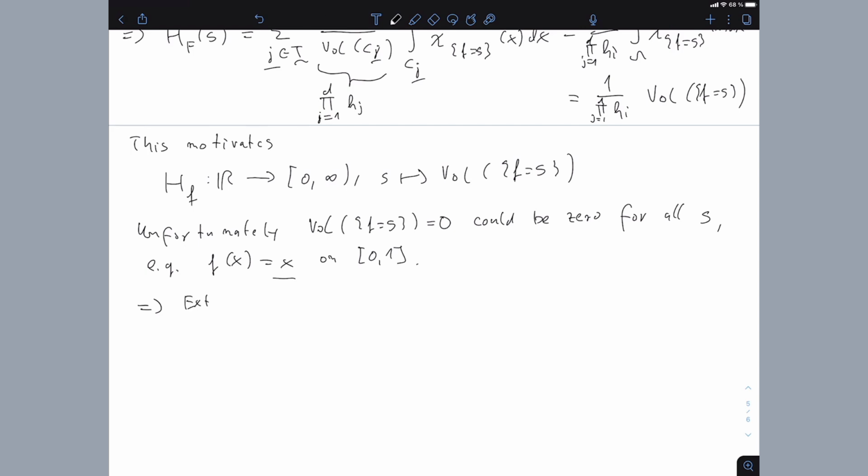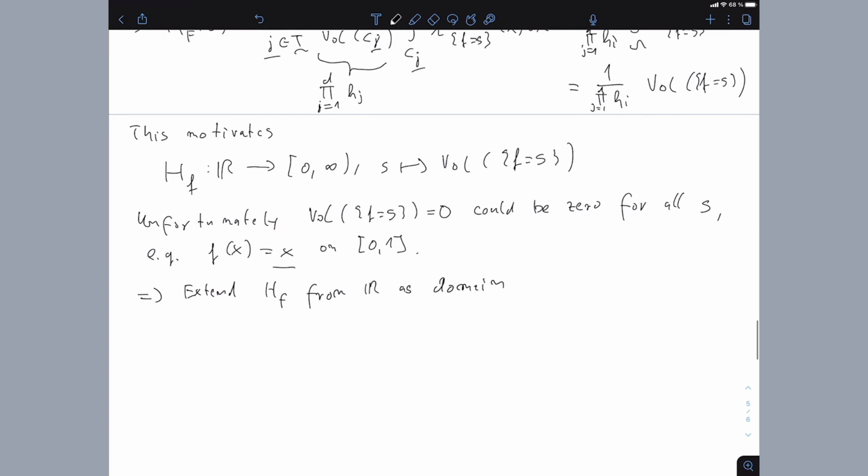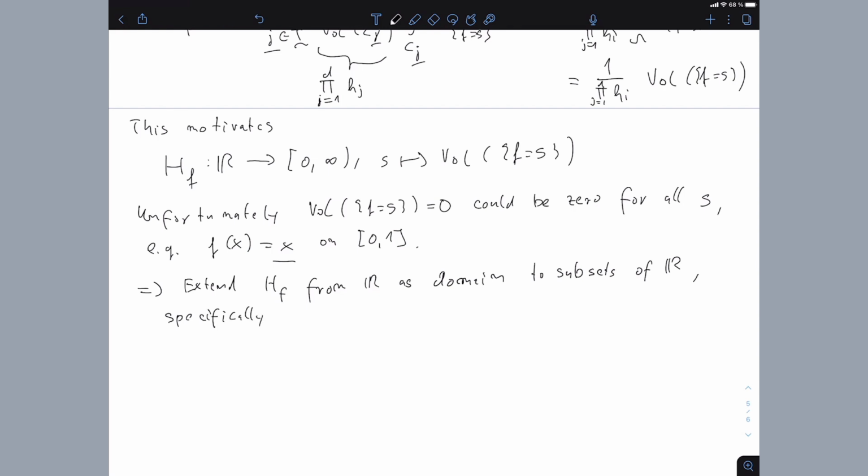So we extend H_F from R as domain to subsets of R. And not arbitrary subsets, but the Borel sets, so the set of Borel measurable subsets of R. What does that mean if you haven't looked at the appendix yet?